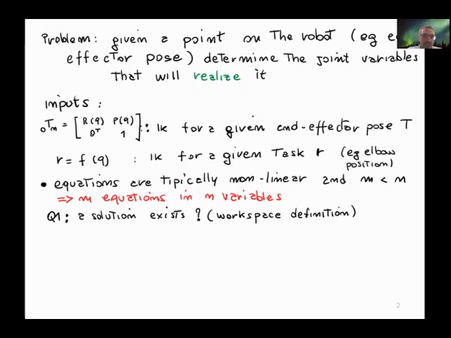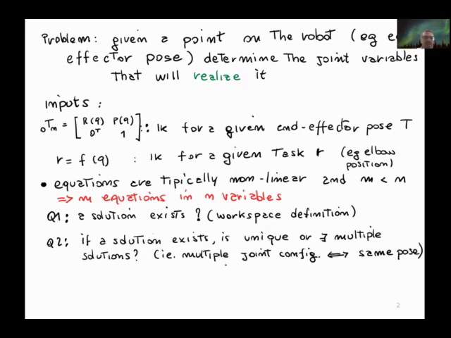So the questions we need to answer are, first, if a solution exists, and this is strictly related to the definition of the workspace. For example, if the point for which we are asking to compute the inverse kinematics is out of the workspace, then in this case, there is no solution.